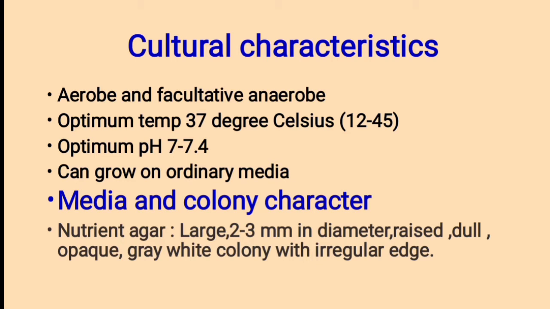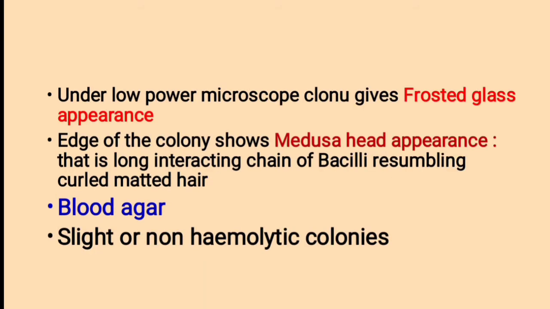Then what are the media and colony characters of Bacillus anthracis? On nutrient agar, it forms large 2 to 3 millimeter in diameter colonies, raised, dull, opaque and grey-white colonies with irregular edge. Then under low power microscope, the colony gives frosted glass appearance.